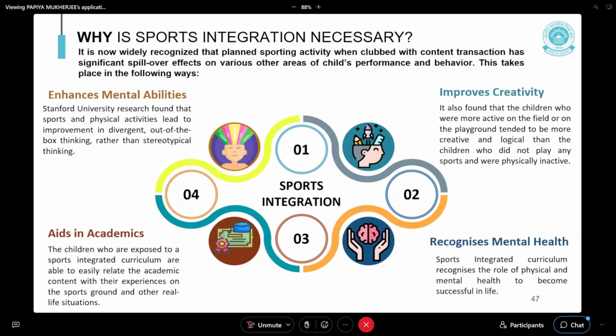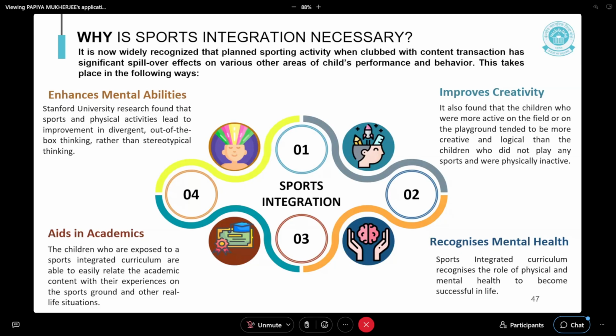It has been proved scientifically by research in Stanford University that those students who are good at sports, who involve themselves in sports and physical activities, are able to think more out of the box. They have improvement in divergent and out of the box thinking rather than stereotypical thinking.